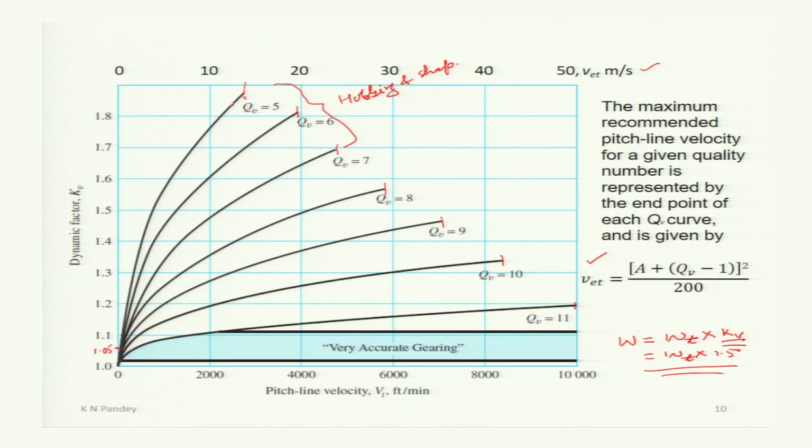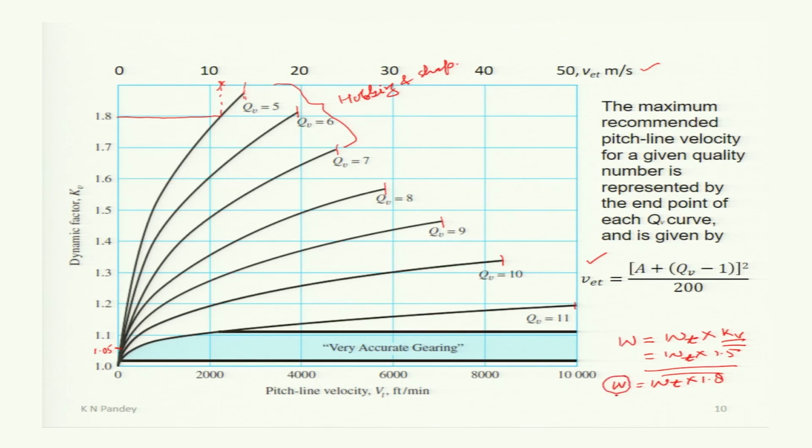But if the gear is not accurate and the quality value is 5 and the pitch line velocity is, suppose, this one, then the dynamic factor Kv is 1.8. So, in that case Wt will be multiplied by 1.8, and so 80% increase in Wt is there, and this W will be used to determine the bending stress.